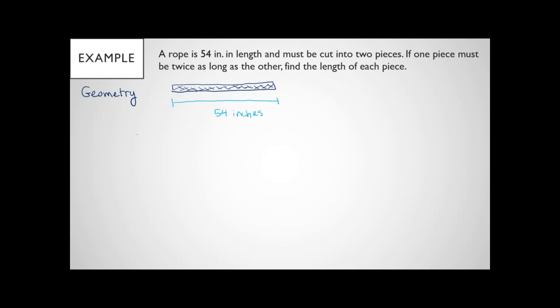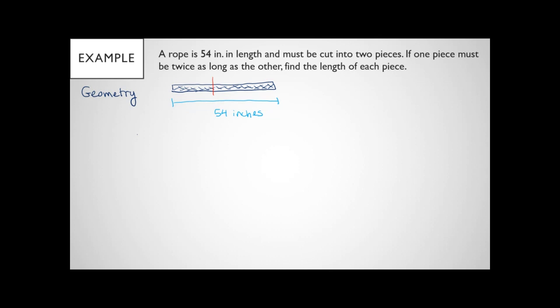It's always important to pay attention to the units because you should always give your answer in units if you have units. So that whole thing is 54 inches. And then it says it must be cut into 2 pieces, so I know I'm going to slice it somewhere. And then one piece must be twice as long as the other. So I'm going to just eyeball that. It's not going to be perfect, but I'm going to just roughly cut it up.